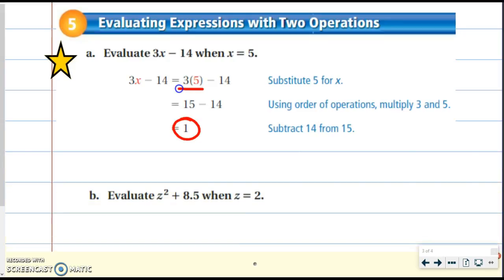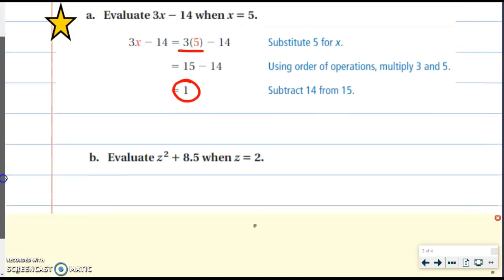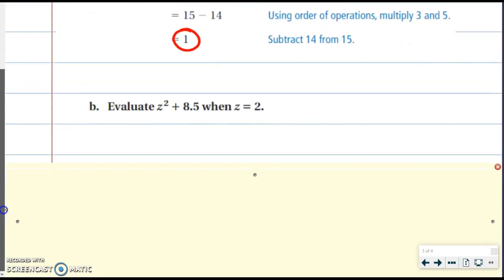All right, so let's go ahead and try and solve this problem. Evaluate z squared plus 8½ when z equals 2. So since z equals 2, I am going to plug in 2 for that letter, keeping my exponent, and then adding 8½.